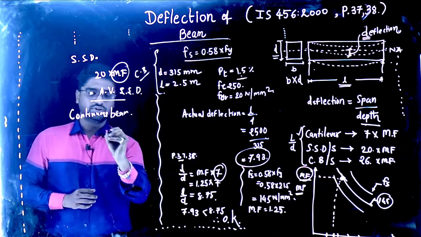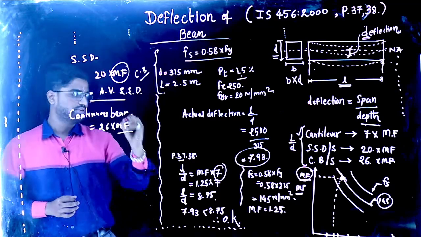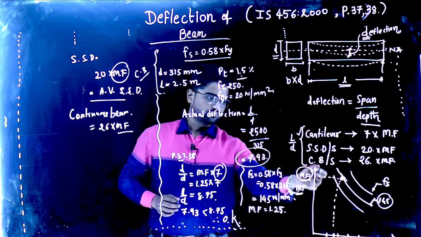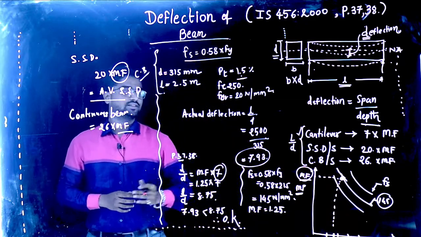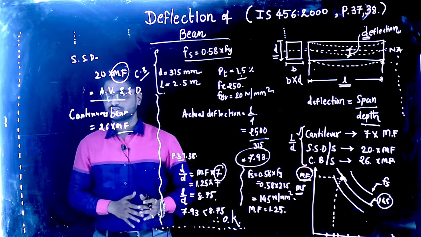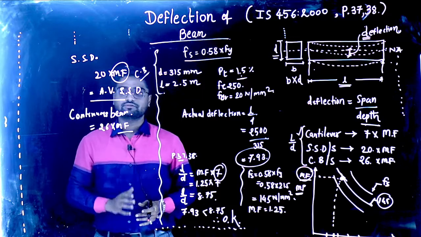For the continuous beam we know 26 into MF, and similarly by percentage of steel and Fs calculation we can get the modification factor value. In all cases, using these constant values we can calculate the actual deflection and permissible deflection. From that we can check whether the beam is safe or not.